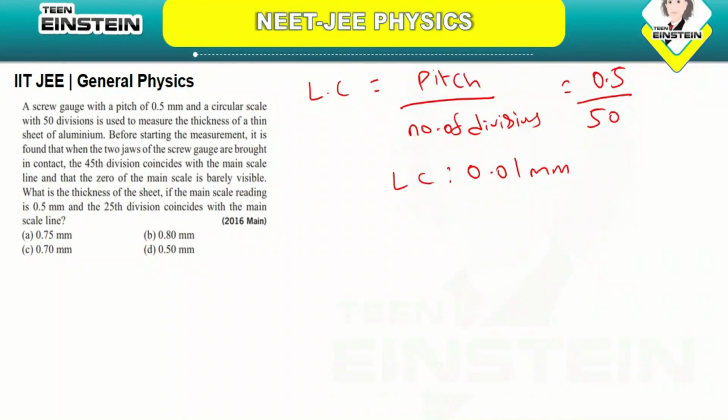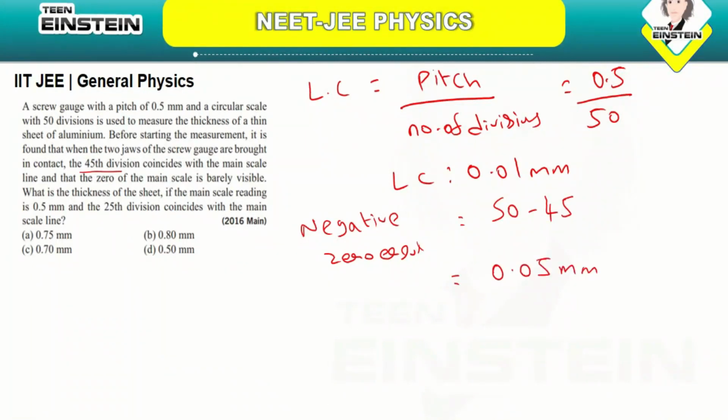Now, there is a negative error, okay, because the 45th division coincides with the main scale. So, it is a negative zero error. So, the negative zero error will be 50 minus 45 into the least count, which is equal to 0.05 mm.